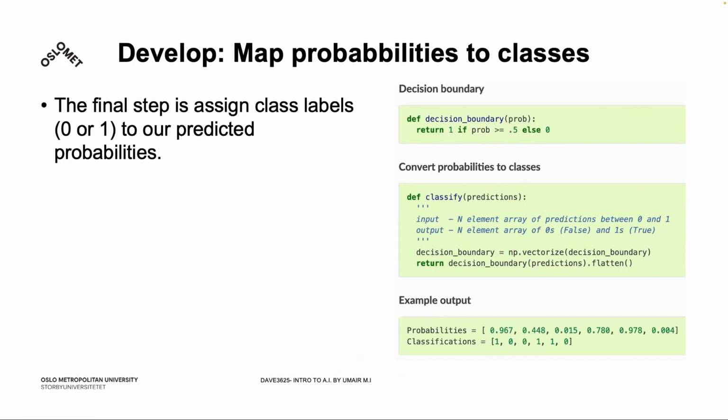And you always get probabilities in terms of numbers like this: 0.96, 0.44. If you multiply that by 100, if you want to see this as a percentage, it will be 96%, 44%, 1% something, 78%, 97%, and 0.4%.